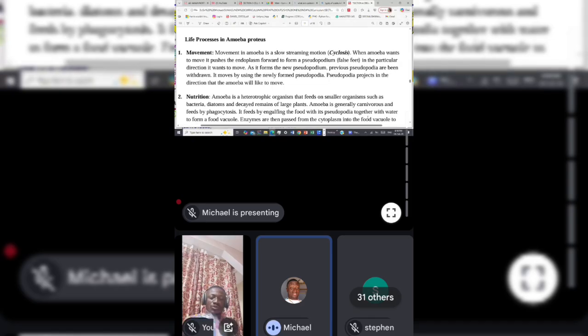So assuming this is our container or our sack. This one is well packed, and this one is the cytoplasmic content. Together it's called protoplasm, and this is the cell membrane. Now what happens if I move the tissue to this side? The cell will begin to move to that side. Here becomes protruded and extended, here becomes constricted. Then the amoeba will move towards that side.